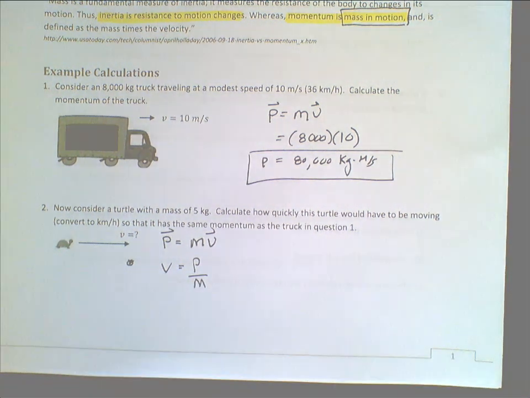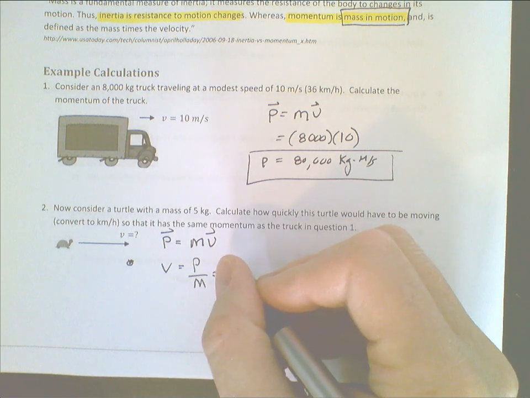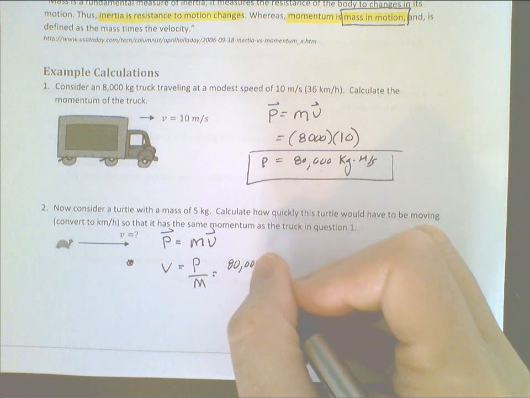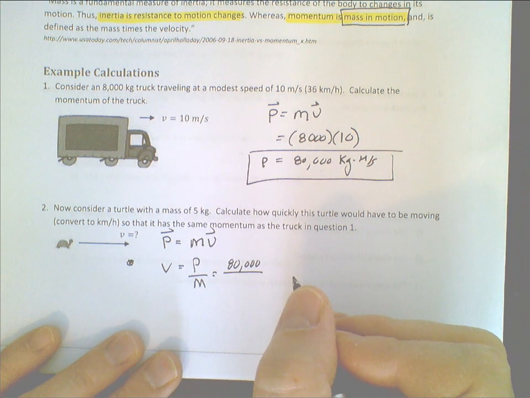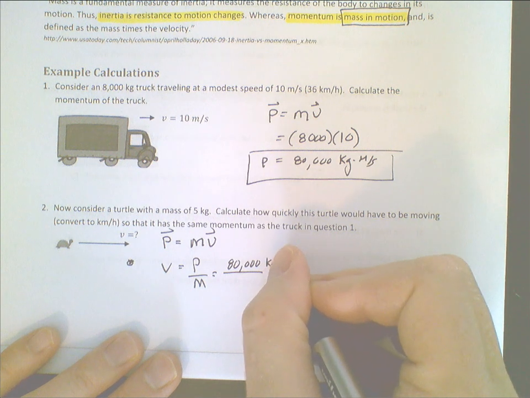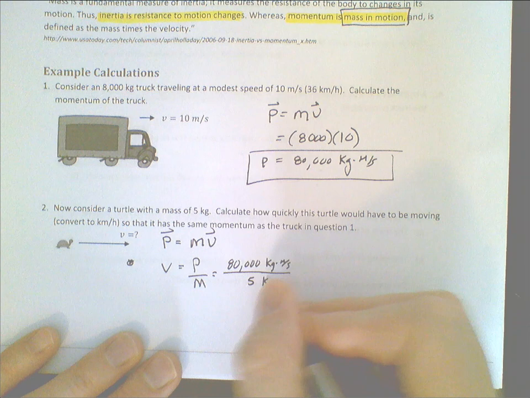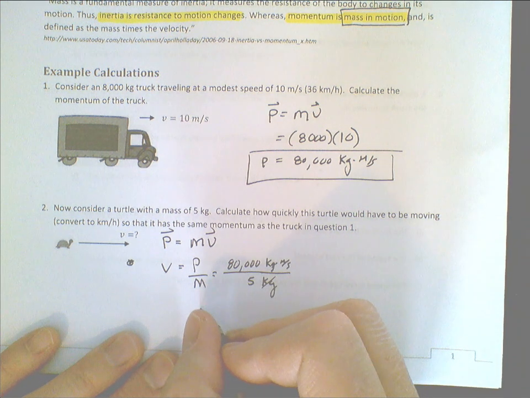It's v equals p over m. That's obvious. The momentum is going to be 80,000 kilogram meters per second, divided by the mass of 5 kilograms, which is going to leave us with meters per second.